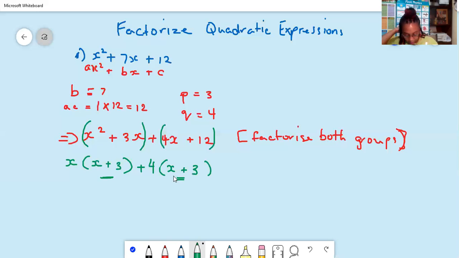So we're going to factorize again. This x on the outside and this 4 on the outside are going to become their own grouping: x plus 4, and we're going to have x plus 3.